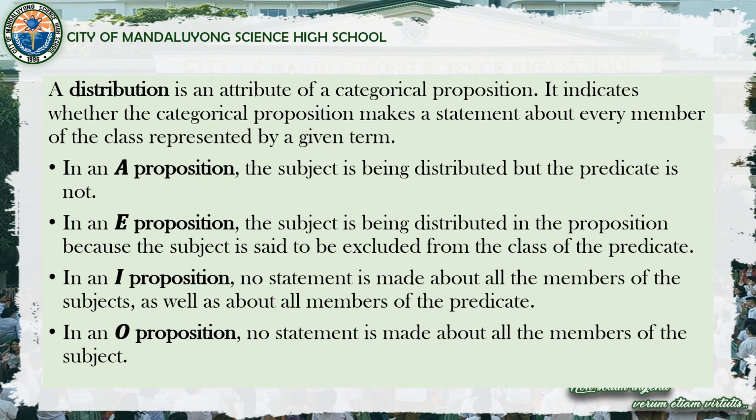And for the O proposition, no statement is made about all the members of the subject. So that is for the distribution. Yung proposition kasi distributes a term if it refers to all the members of the class designated by the term.